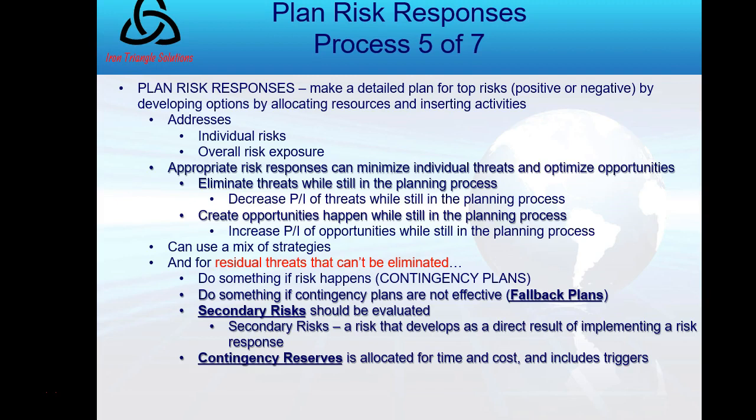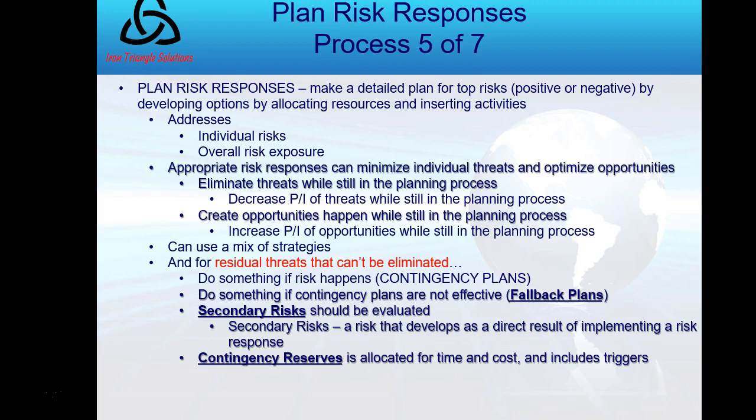This is the process of developing options now and selecting strategies and agreeing on the overall risk exposure, as well as treating individual project risks. So in this case, we are going to now allocate resources and insert activities to make things happen. This addresses individual risks and, as I just mentioned, overall risk exposure.